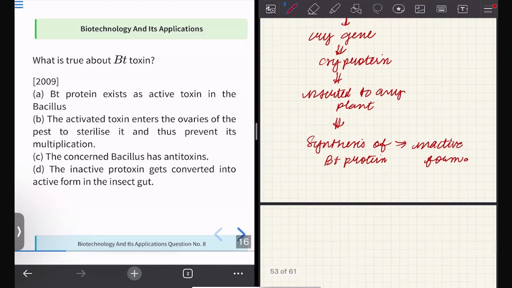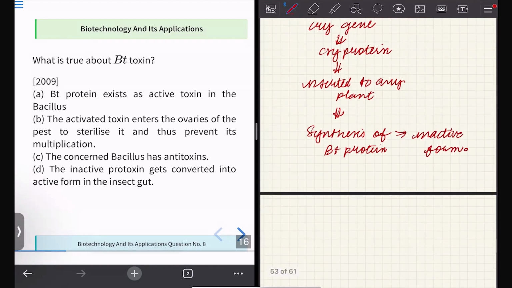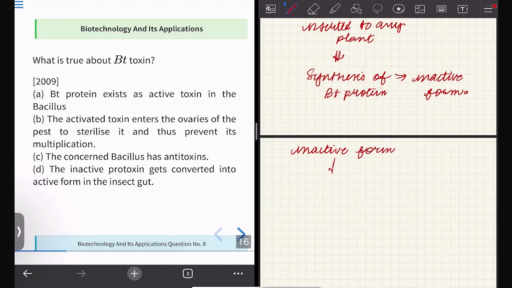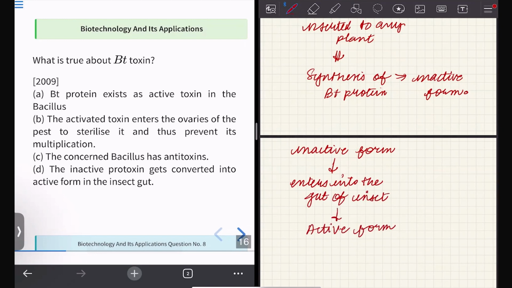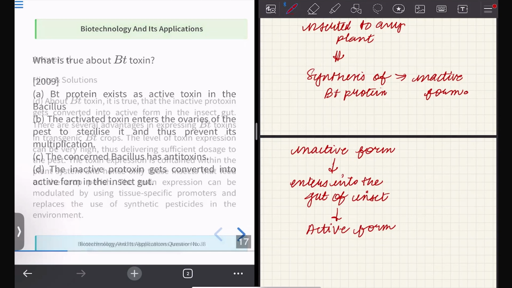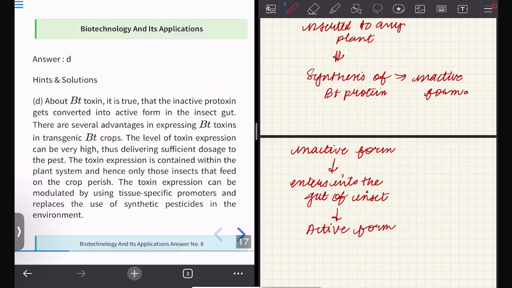Okay. So when this inactive form enters into the gut of the insect, we get the active form. Okay. So we have option D, which is the correct one. So Bt toxin, that active protoxin.